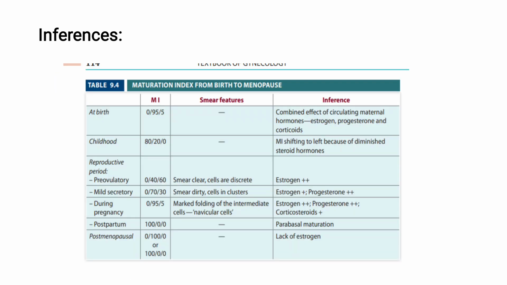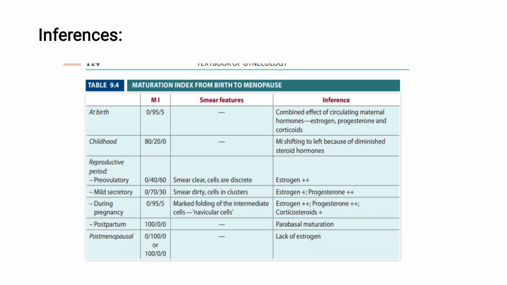Then inferences, that is maturation index from birth to menopause. At birth, smear features are the combined effect of circulating maternal hormones: estrogen, progesterone and corticosteroids. In childhood, that is MI shifting to left because of diminished steroid hormones. Then reproductive period, that is pre-ovulatory, smear cells are discrete, estrogen present.